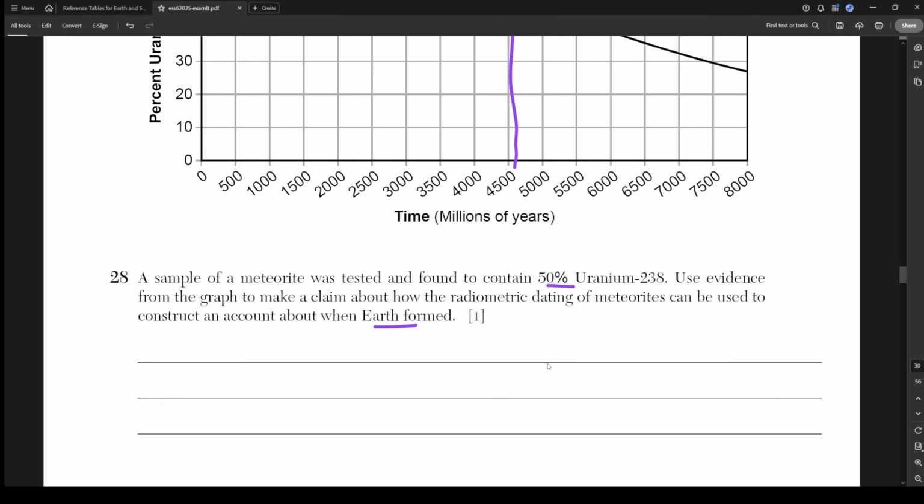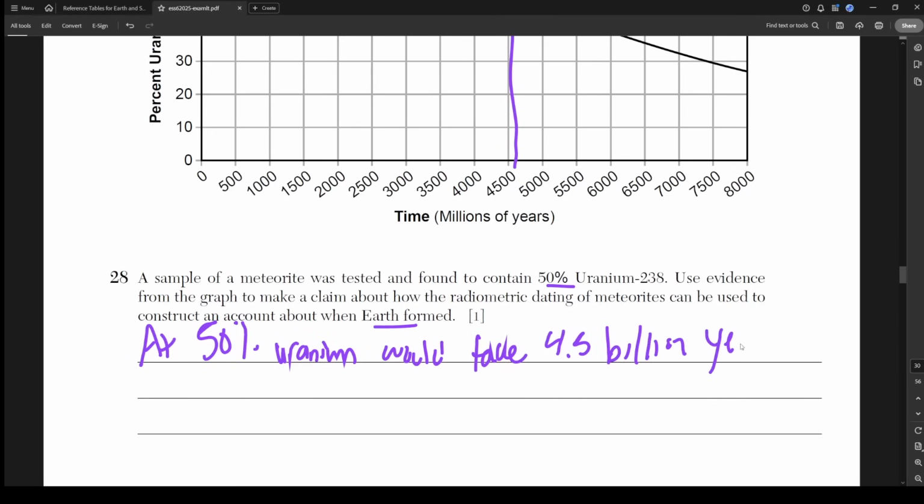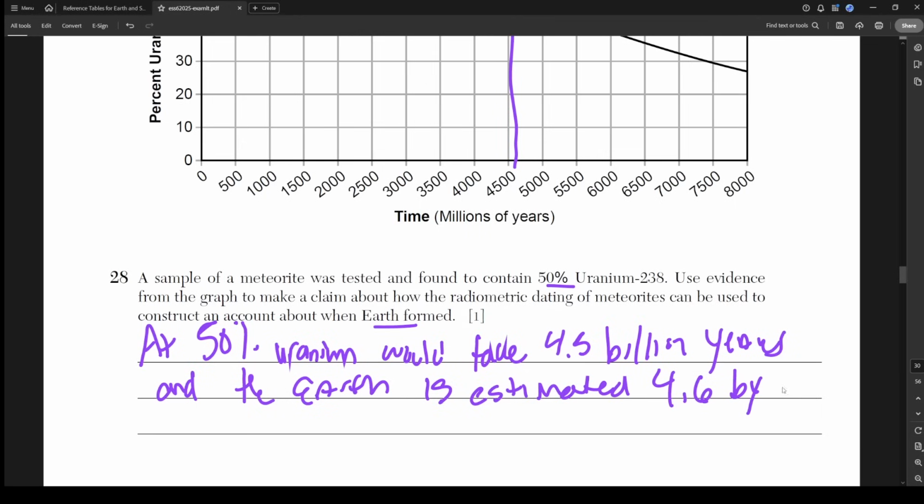So we could say at 50% uranium would take 4.5 billion years, and the Earth is estimated 4.6 billion years old.